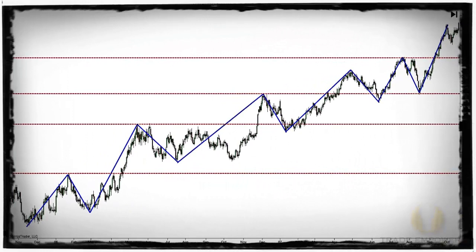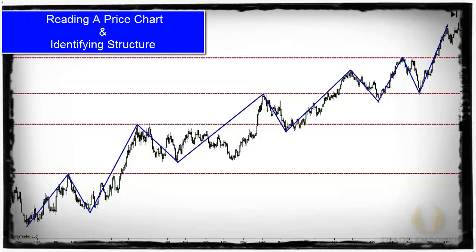So we're going to start off your trading and jump into things by looking at what I feel is one of the most overlooked aspects of trading. It seems pretty simple, but knowing how to read a price chart, knowing how price action moves, and learning about structure.